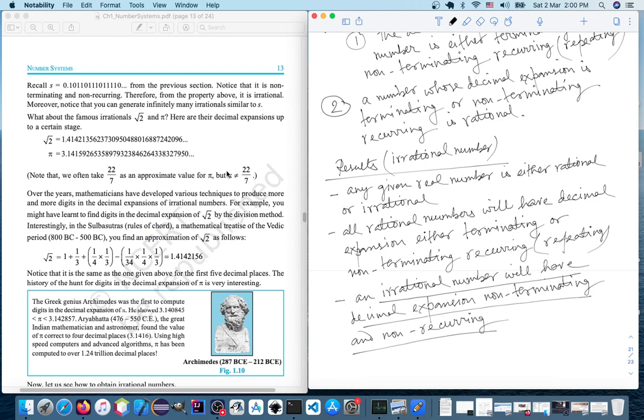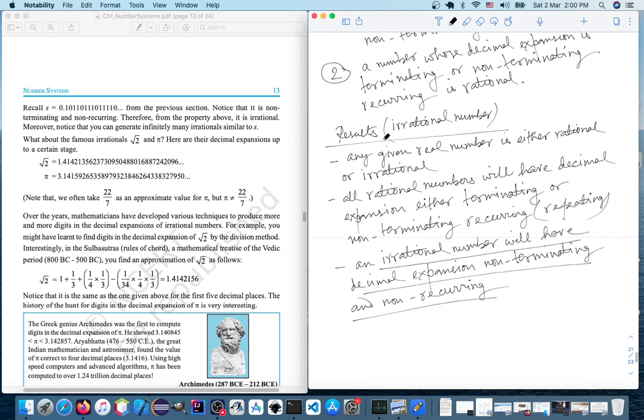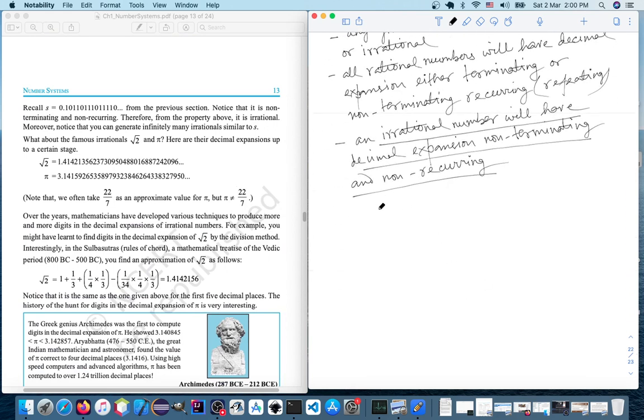For example, numbers like s equals 0.1010, some non-ending infinite number of digits which has no pattern.